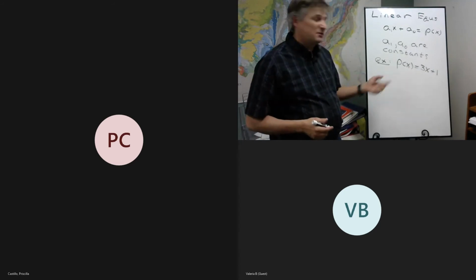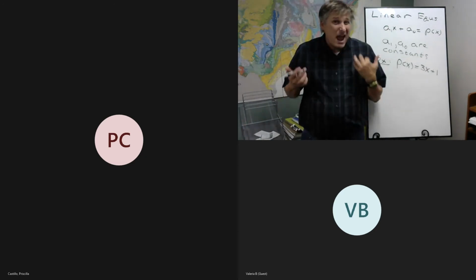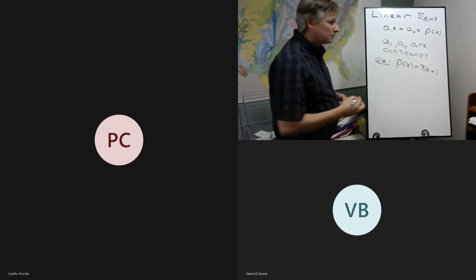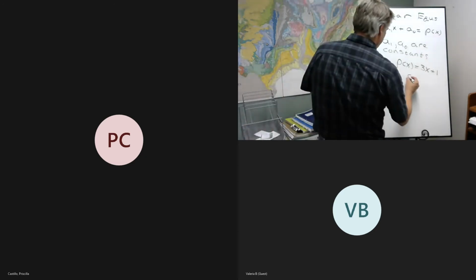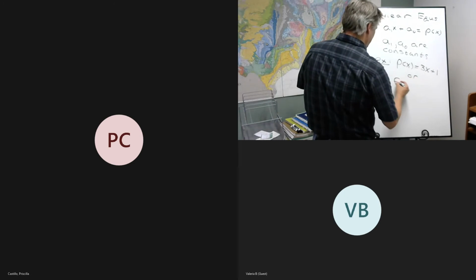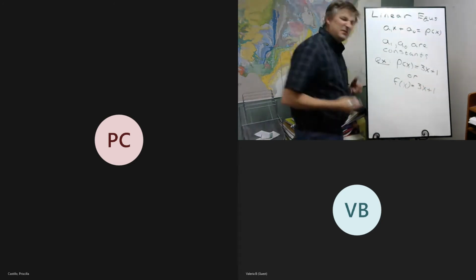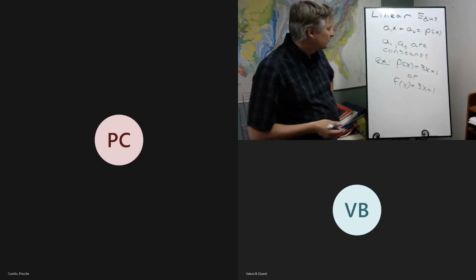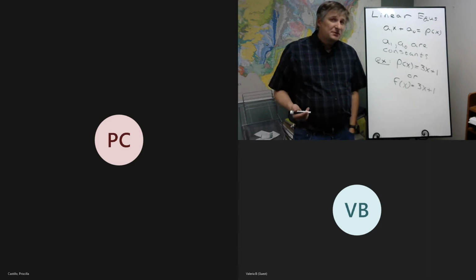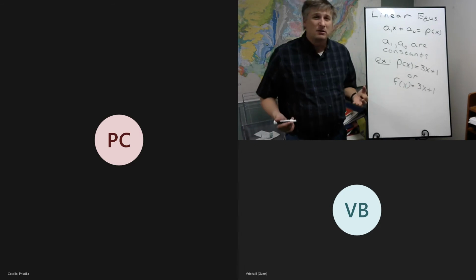Now I'm really sticking to this P here. I don't have to. I could also write this as f of x equals 3x plus 1. We've seen something like this before. But more recently, we've seen another kind of polynomial.